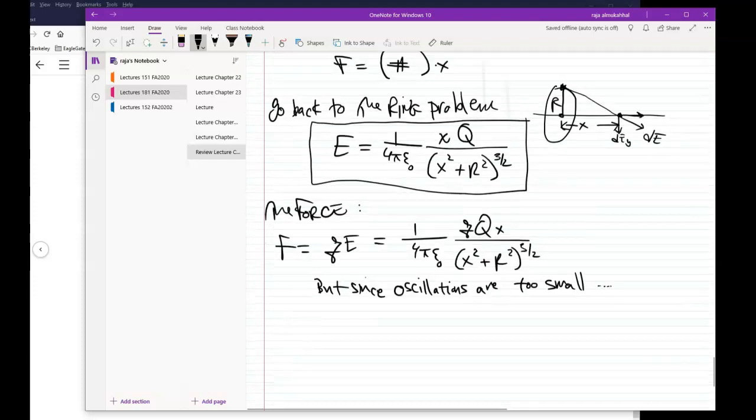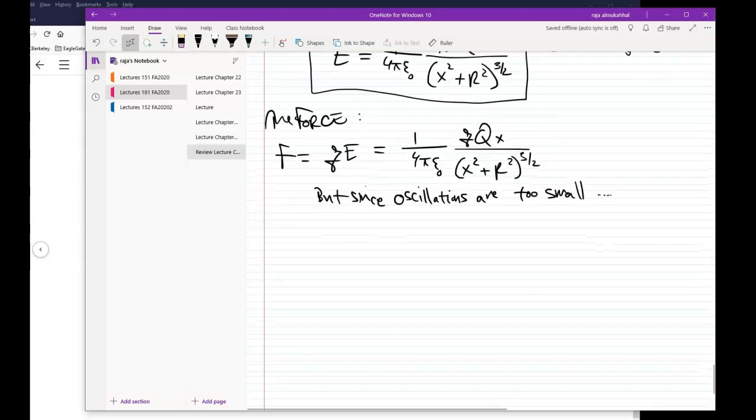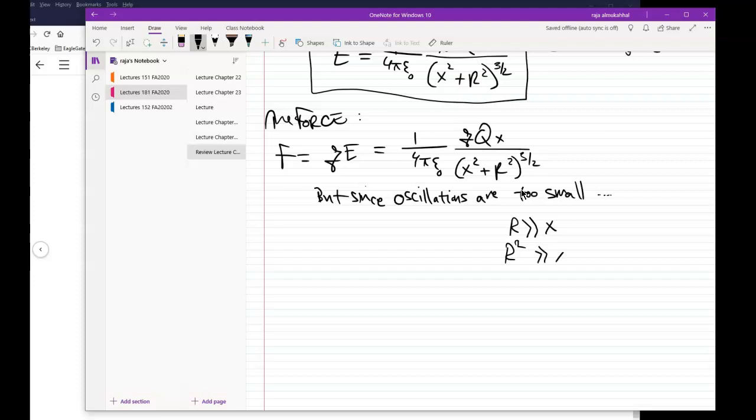It means, because it is really close to the center, that r is much, much greater than x, or rather r squared is much, much greater than x squared, which means that x squared plus r squared is almost equal to r squared in the denominator right there.